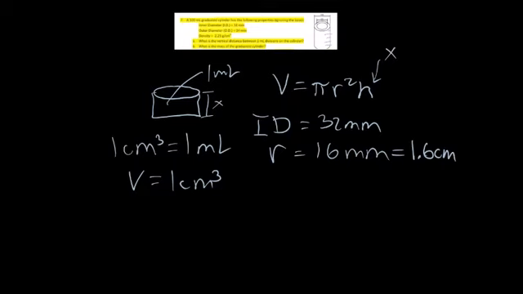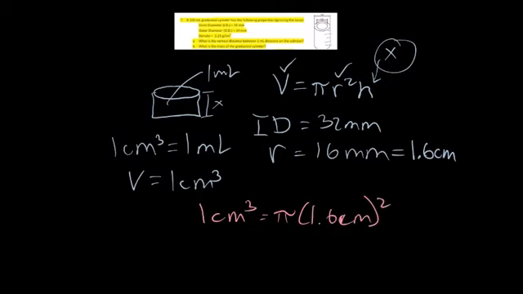Now we have the volume, we have the radius, and we just need to solve for x. To do this, we plug things in. We have 1 centimeter cubed is equal to pi times 1.6 centimeters squared times x.